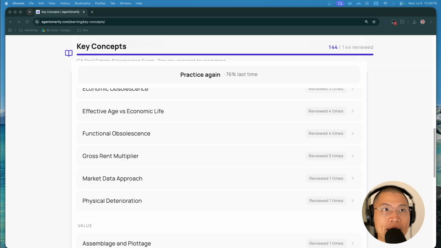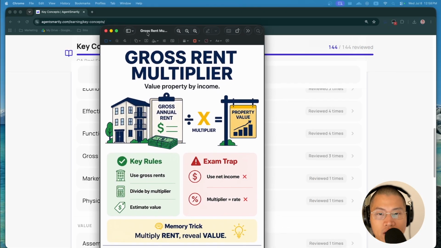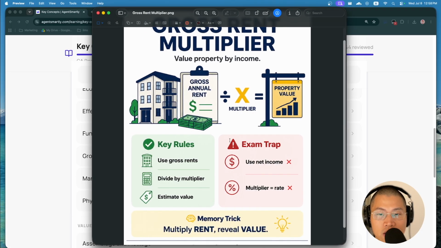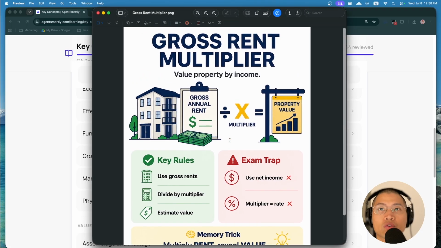Now let's summarize what we have learned. I also made key points and this infographic right here. Let me zoom in a little bit bigger. Once again, gross rent multiplier is a number, not a percentage. It values the price by the rental income.